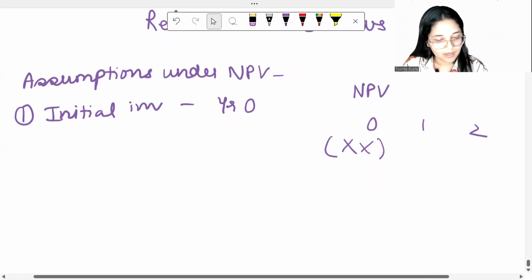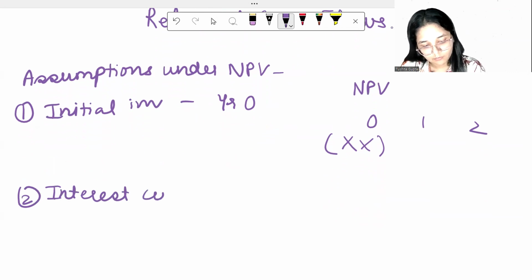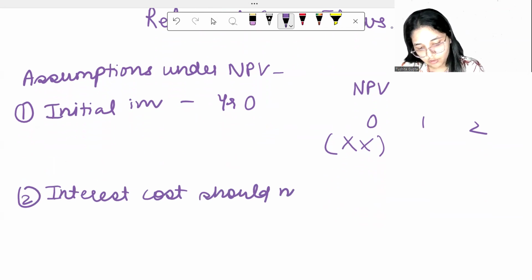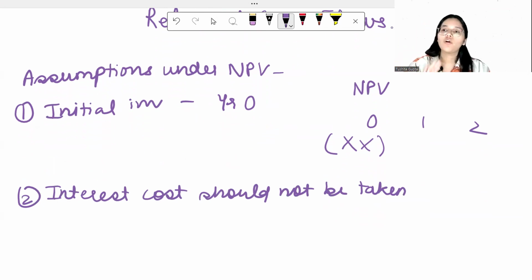Then let's talk about another assumption. Second point over here being that your interest cost should not be taken. Now, why should you not be taking the interest cost? Basically, when I say interest cost, I'm talking about the interest that you pay on the debt that you have taken.